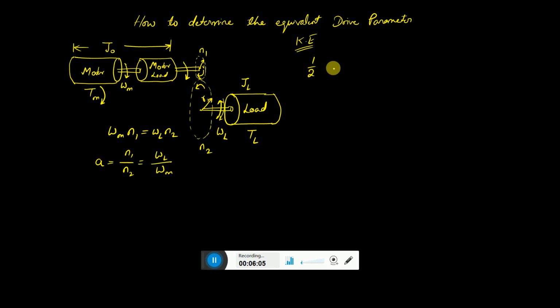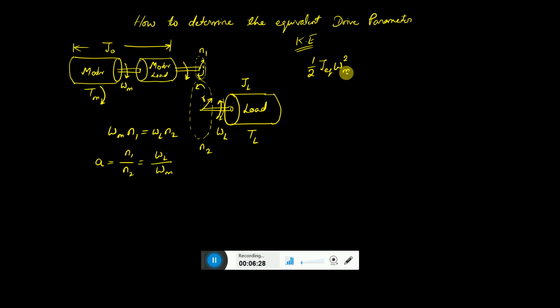So I can write the kinetic energy of that equivalent moment of inertia, J equivalent, which is rotating with the same speed omega m. So half J omega m square, where J equivalent is that virtual inertia that represents the entire inertia referred to the motor end.